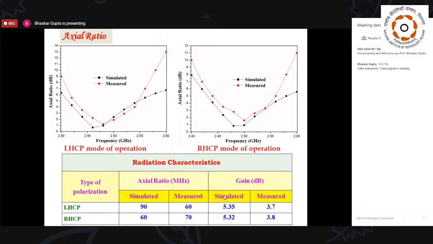I mean 3 dB axial ratio bandwidth, not even 4 dB, 3 dB. For LHCP, I'm only studying the measured values. The axial ratio bandwidth is 60 megahertz and gain is 3.7 dBi, and for RHCP it's 70 megahertz and 3.8 dBi respectively.